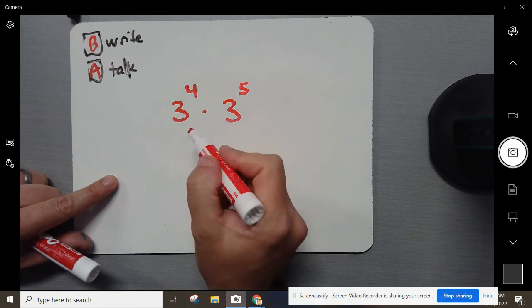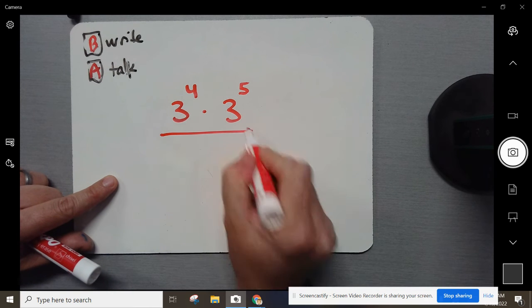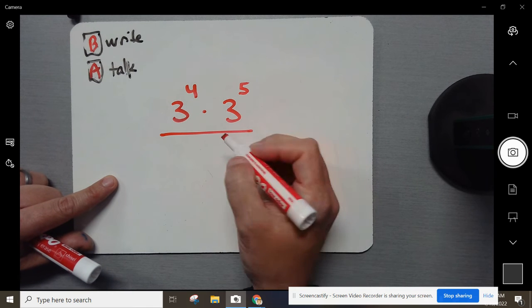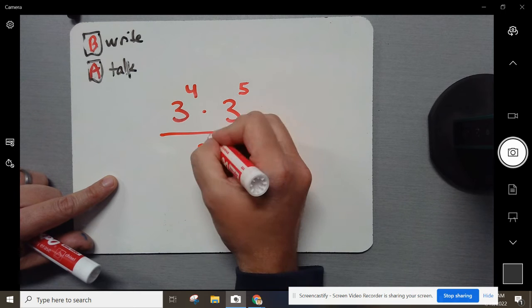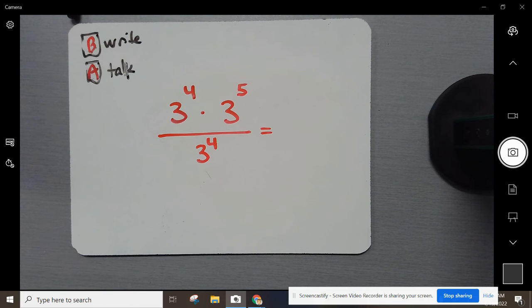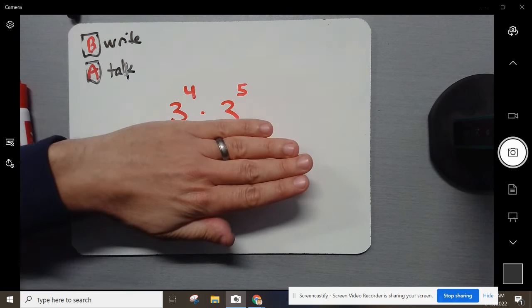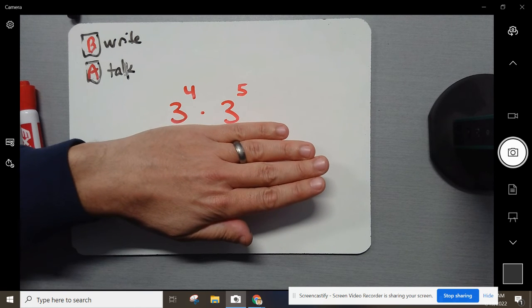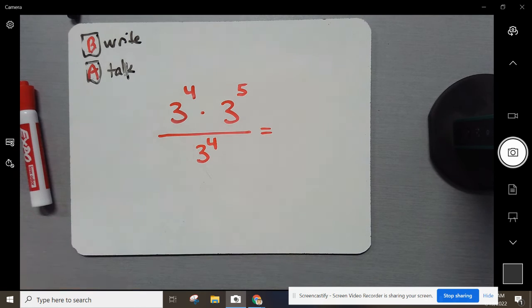Do that, but this is what the whole problem looks like. Over, let's just say 3 to the 4th. Now there's, again, 2 levels to this problem too. So take your time, try to talk it out, see if you can figure it out. I was mentioning just do that part first. What does that equal? And then do the second part.